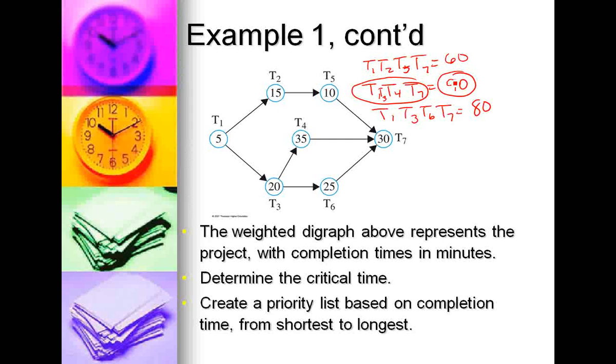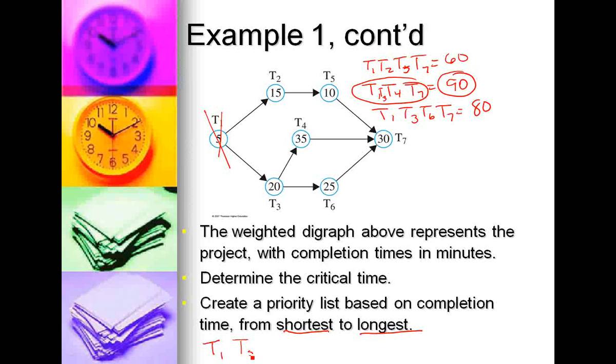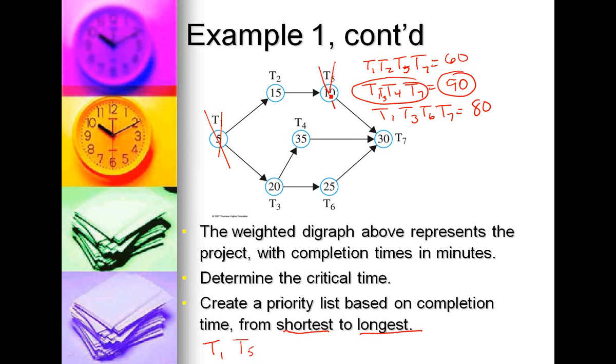So now we're going to create a priority list that goes from the shortest completion time to the longest completion time. Well, the shortest completion time is 5, and it's in minutes, so 5 minutes. So T1 comes first. Next completion time is T5 with 10 minutes.